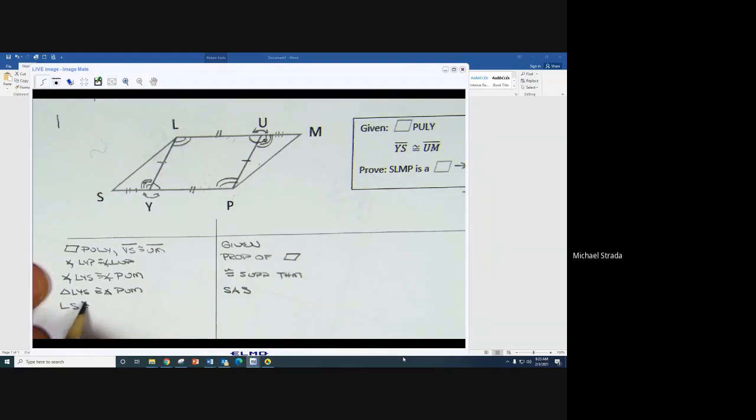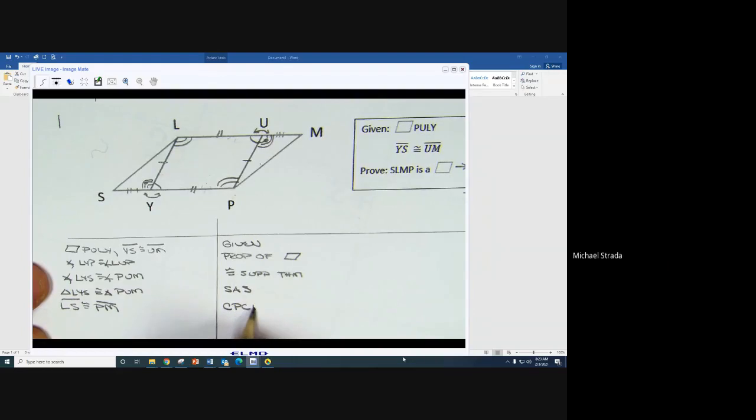LS is congruent to PM because of what five magic letters? CPCTC. LM is congruent to PS.